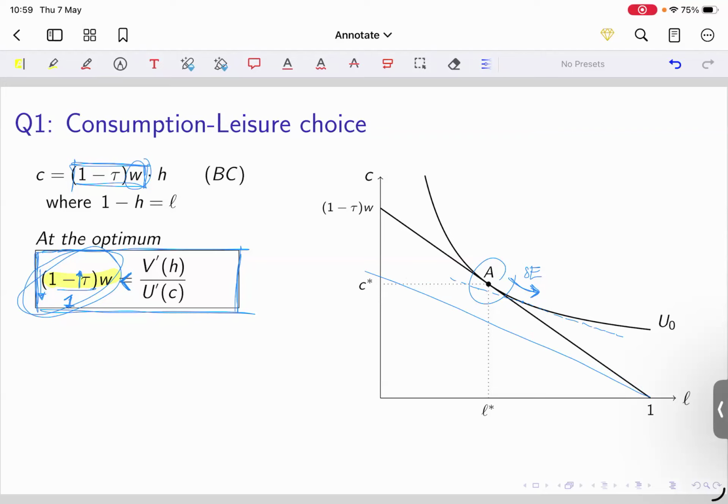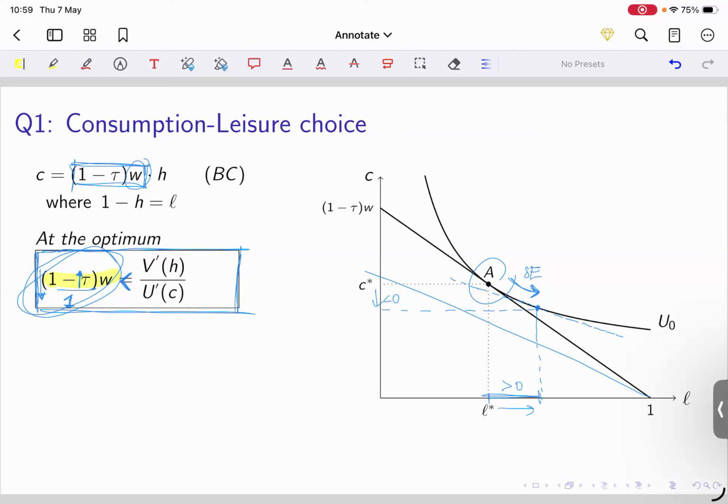I first look at the compensated one. On my original indifference curve, I have a new tangency point, which is here, that indeed gives me lower consumption. This is a negative substitution effect on consumption, and a positive one on leisure, because leisure is relatively cheaper. This is my substitution effect.